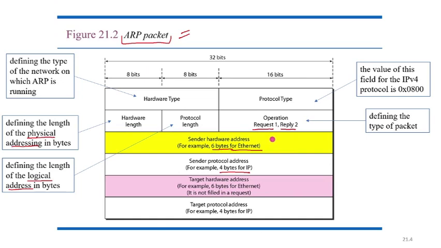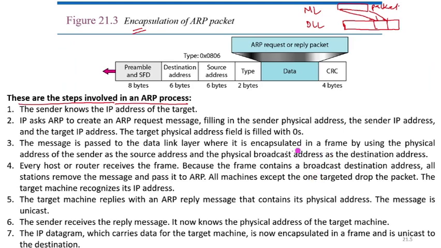So this is 1, 2, and 3, and this one is unknown, so it will be filled with 32 bits of zeros. The message is passed to the data link layer where it is encapsulated. So this ARP packet is passed to the data link layer.